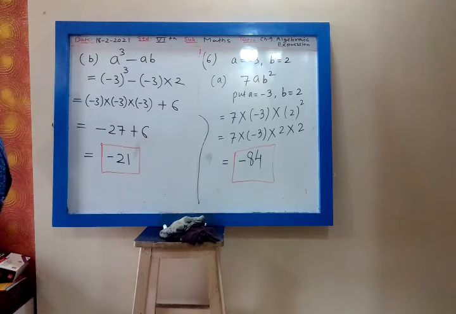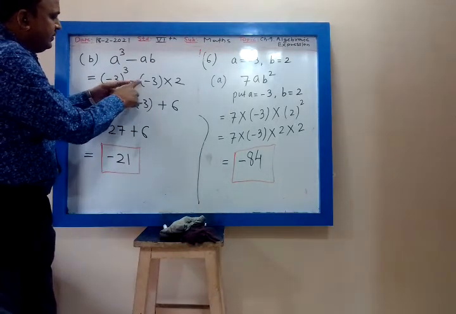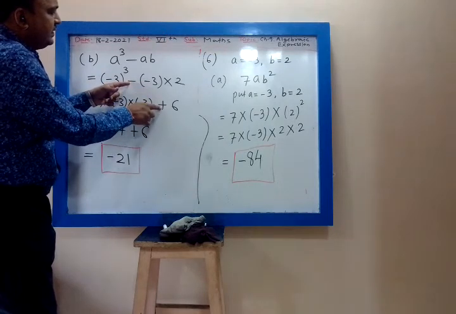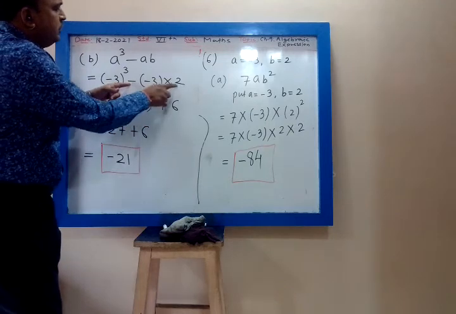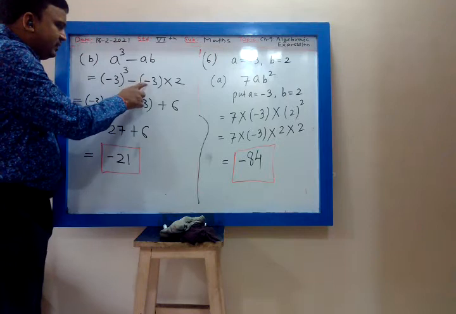Is it clear? My dear, see, minus into minus is plus, then 3 into 2 is 6, plus 6.